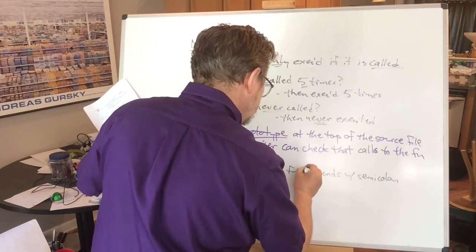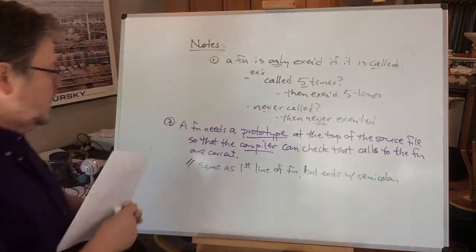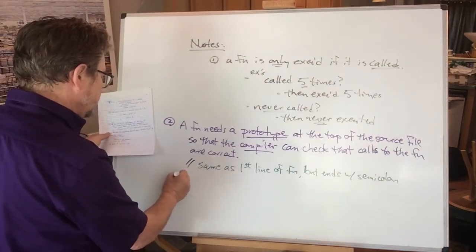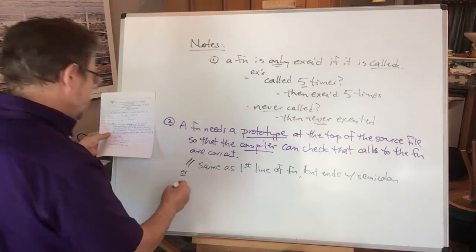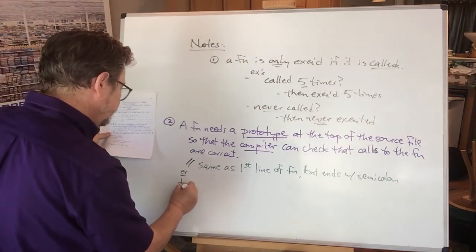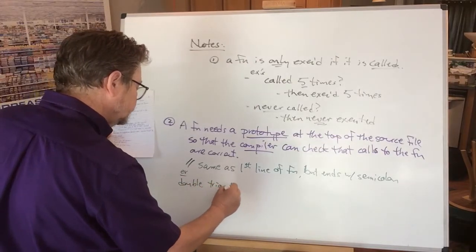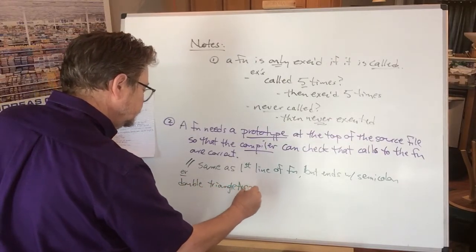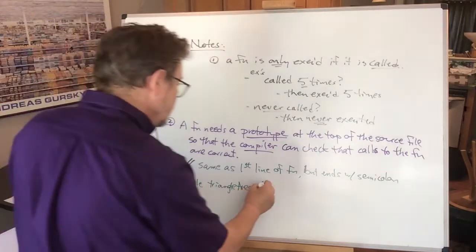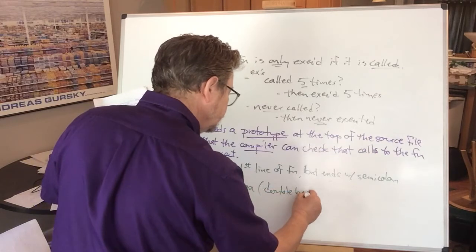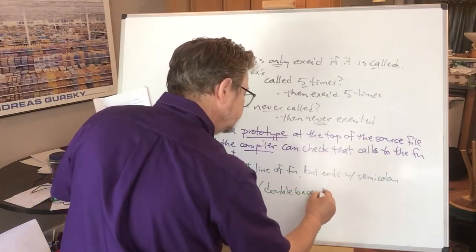And I'll let you write a semicolon instead of an open curly bracket if you want to. It's the same as the first line of a function, but it ends with a semicolon. For example, for our triangle area, I think we could do this. Double space, triangle area, open parentheses, double base, double height, after a comma.